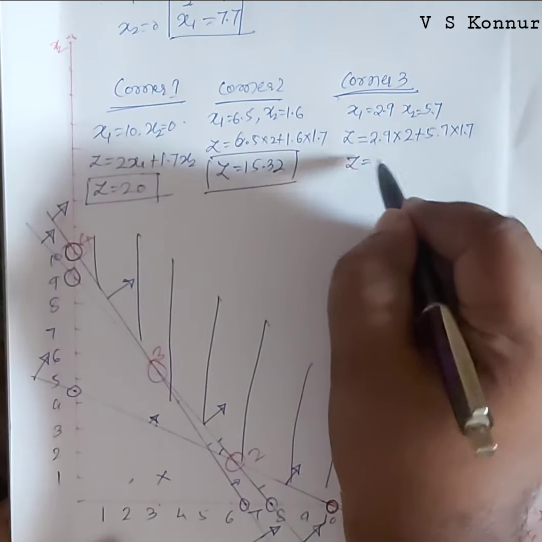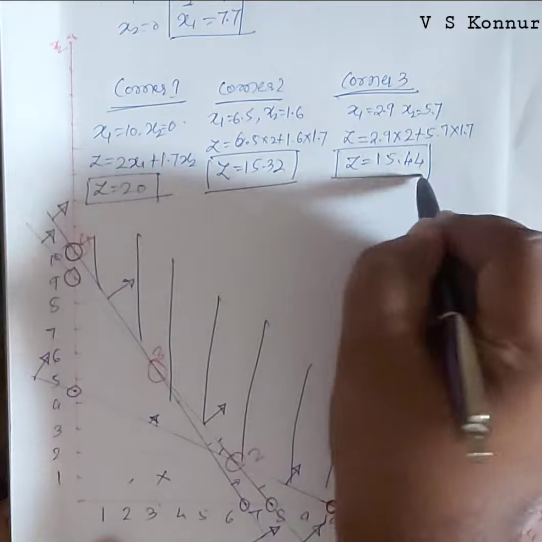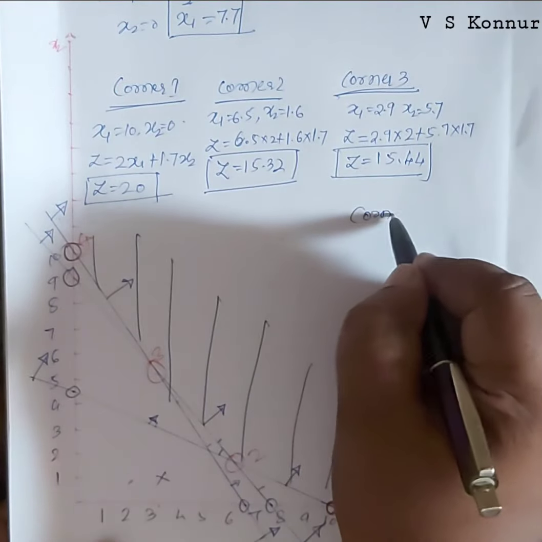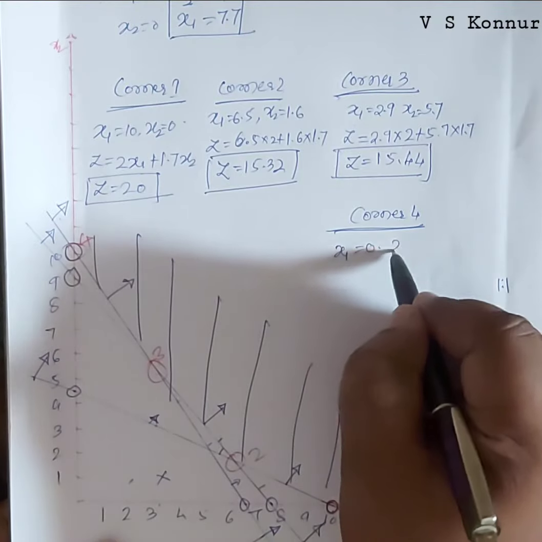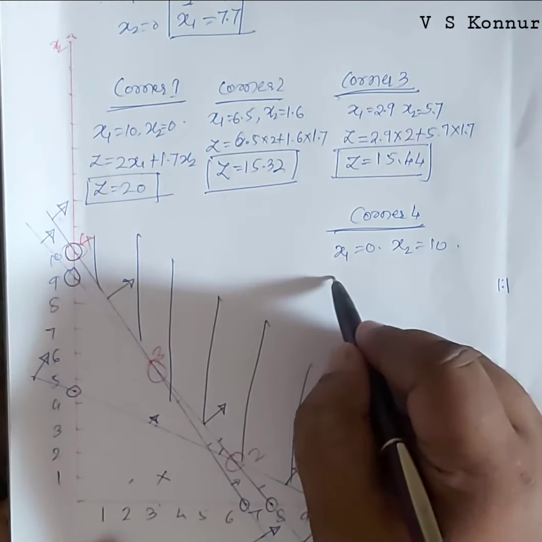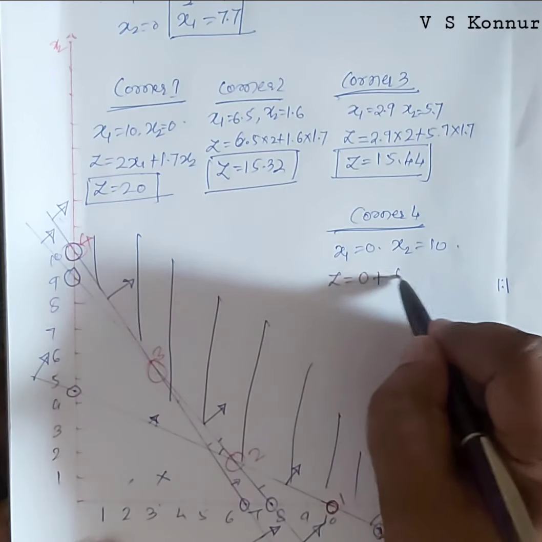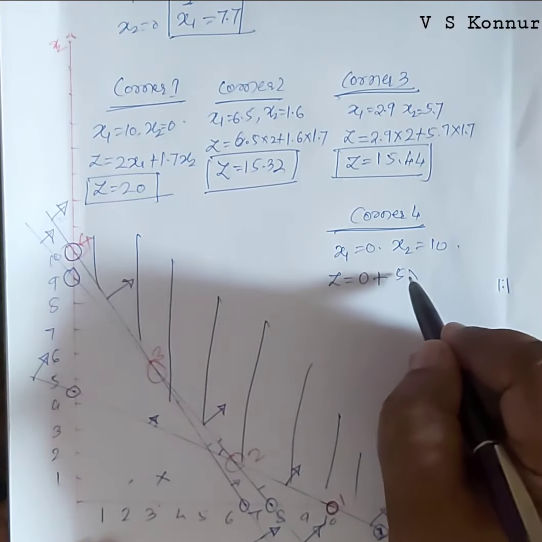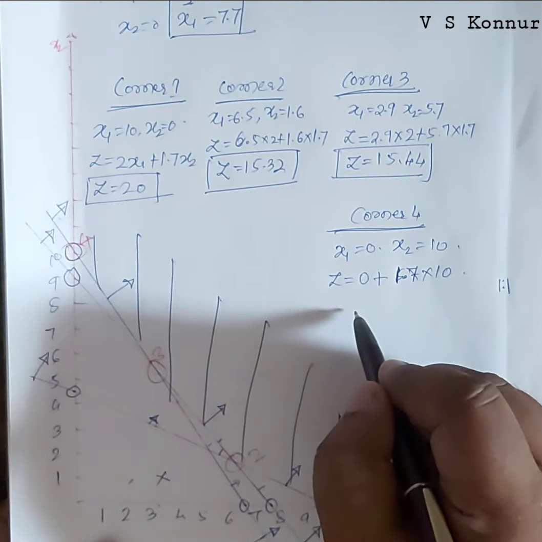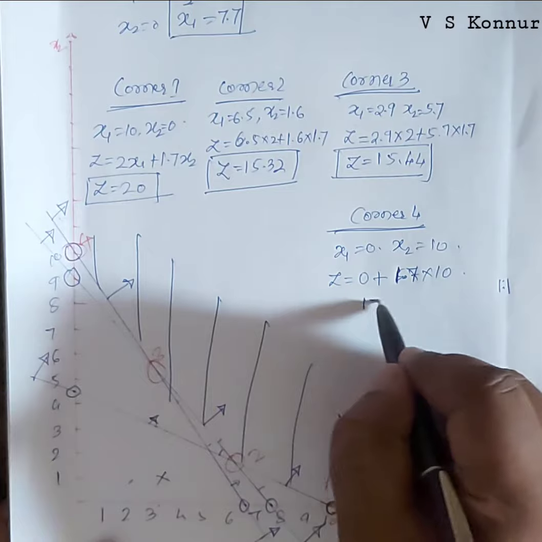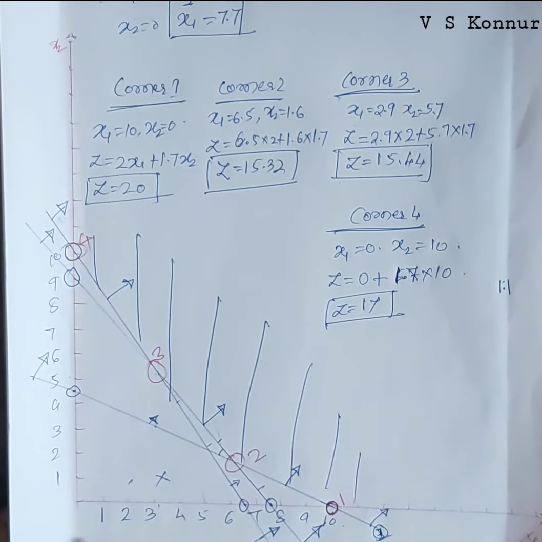So we'll get z is equal to 15.44. Next, corner 4, so x1 is equal to 0, x2 is equal to 10. So we'll get z is equal to 0 plus 1.7 into 10. 1.7 into 10 is 17. Z is equal to 17.